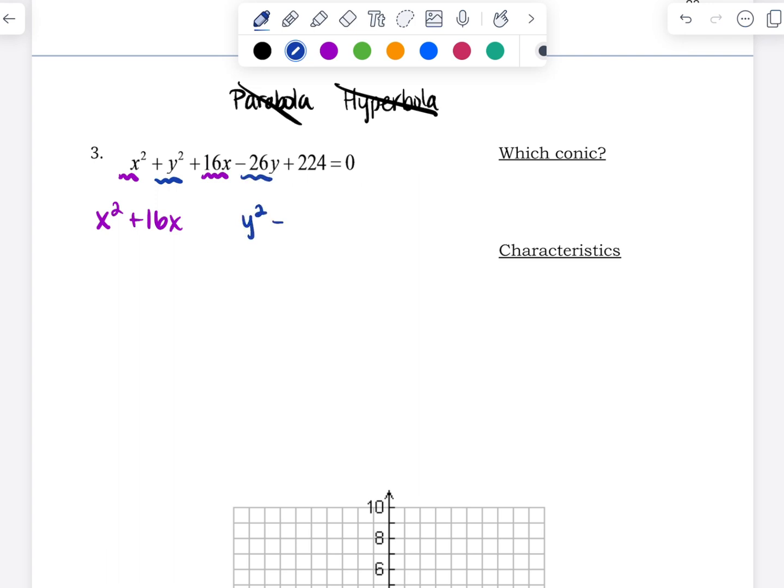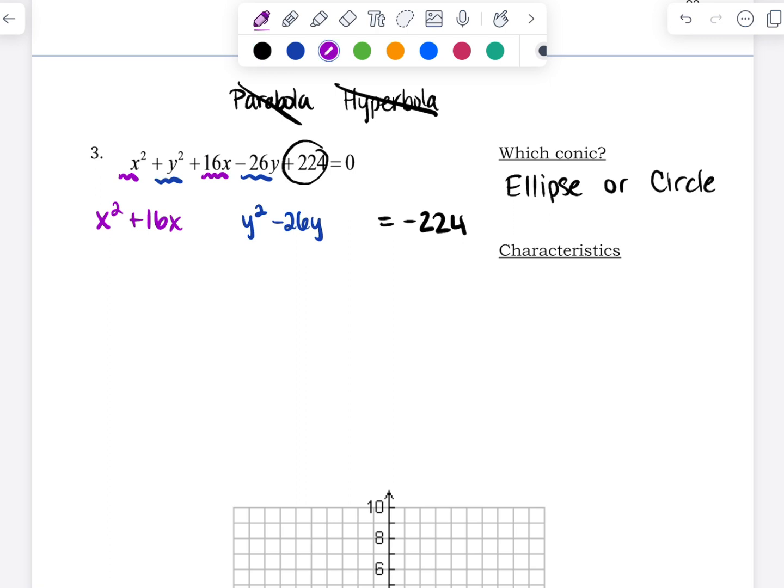Y squared minus 26y. But I am going to move this number because whether we have an ellipse or a circle, either way, they're going to be equal to a value. So I'm going to subtract negative 224. It's going to be on the right side.